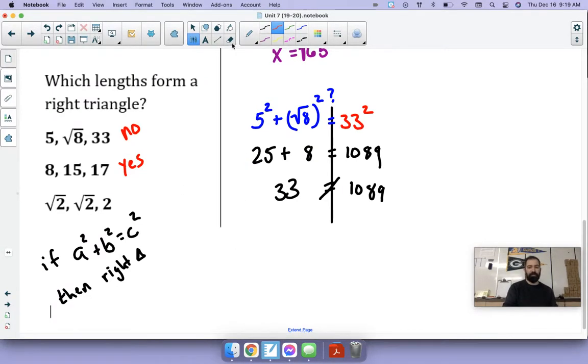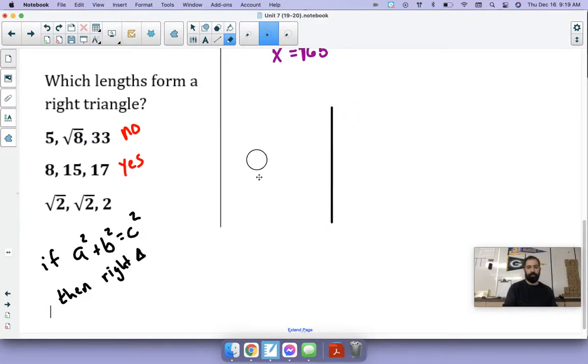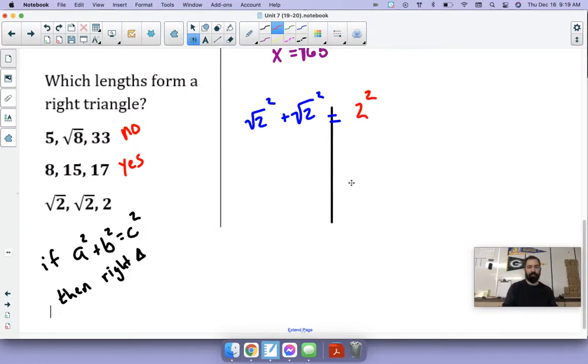And let's check our last one. We have the square root of 2, the square root of 2, and 2. Which one's the longest? 2 is going to be the longest one. So we're going to take the square root of 2 and square it, add to that the square root of 2 squared, and we want to know, does that equal 2 squared?